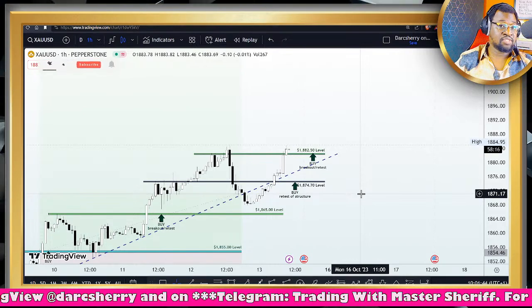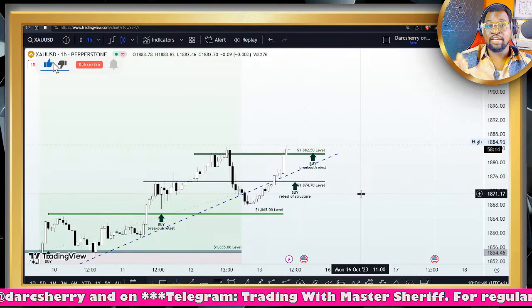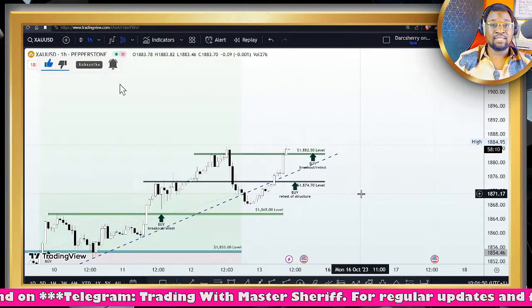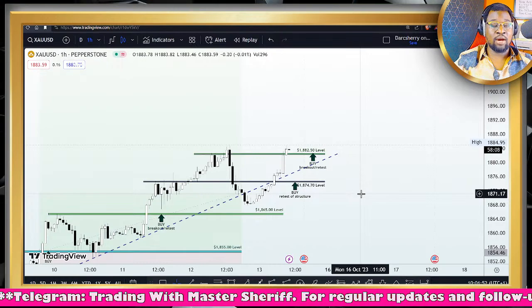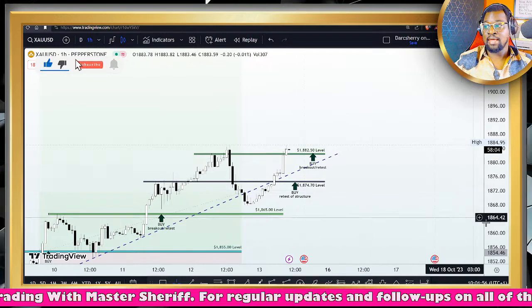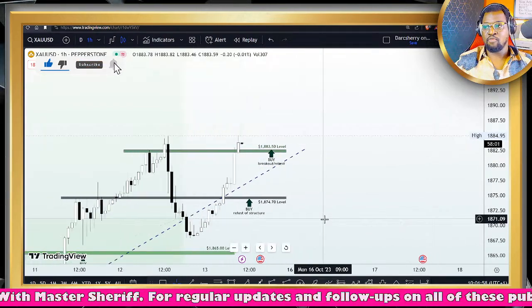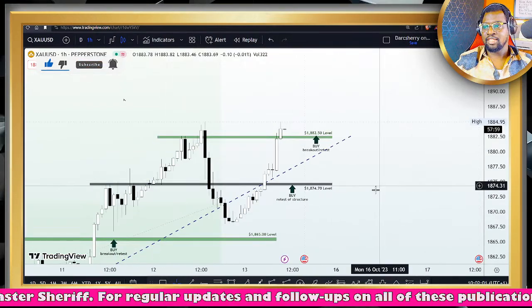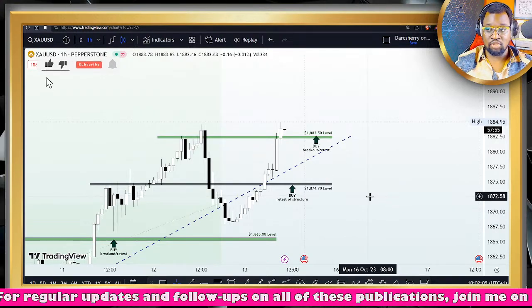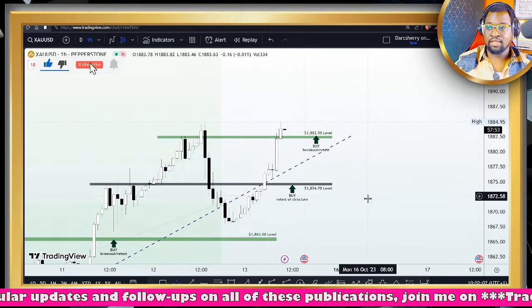And of course, when price remains above the ascending trend line, you know how we do it in this community. We continue to maintain a bullish bias and look out for more opportunities to buy. Now, I told you earlier I missed out on this uptrend move. It was very painful, but it's okay. Let's see if the market will be presenting more opportunity for us to push price to the upside.